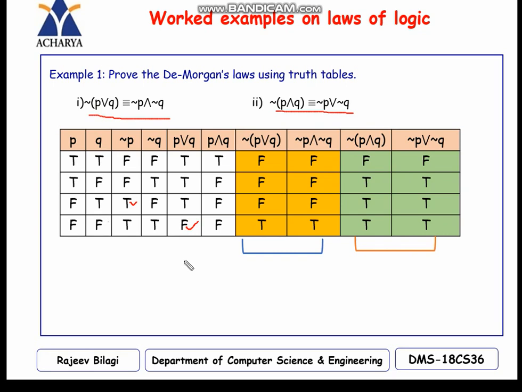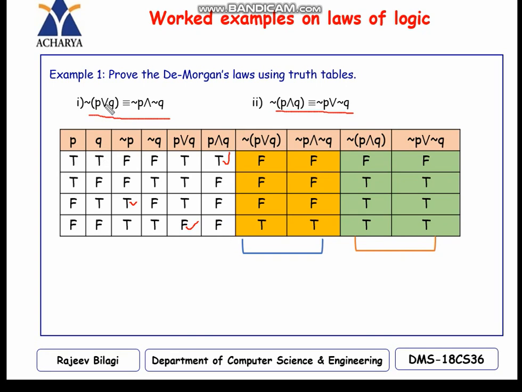So here F, rest all T, T, T. Another one is P and Q. P and Q is true only when both are true, otherwise it is false. So here only the first is true, rest all are F.